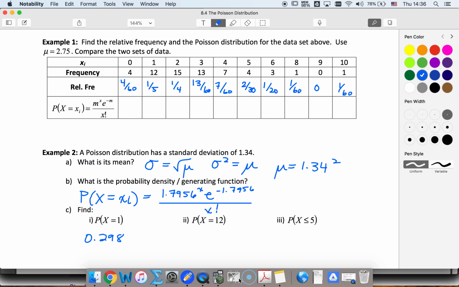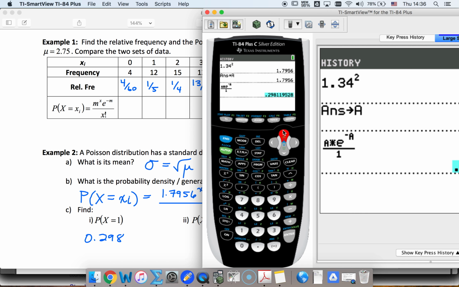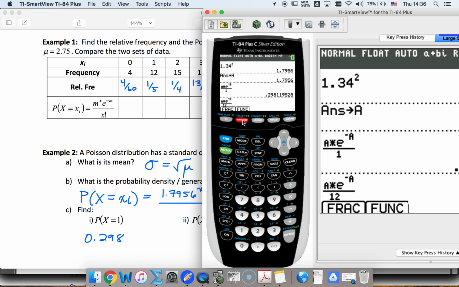I can repeat and do this for 12. So this is why I typed it in this way. Now it's going to be very easy for me to go in. I can do 12 factorial in the bottom and up top. I'm going to expect this to be close to 0 because, again, my mean value is pretty low. So that'll be 12.